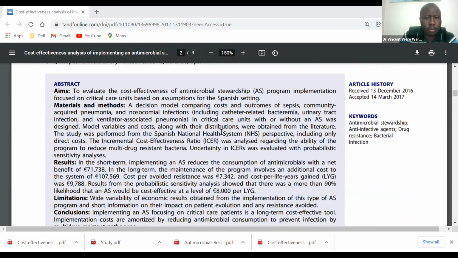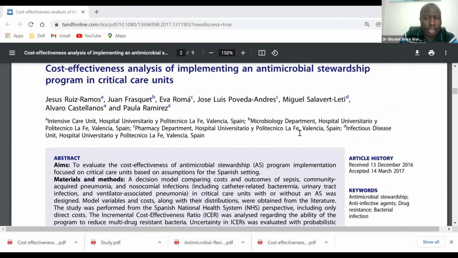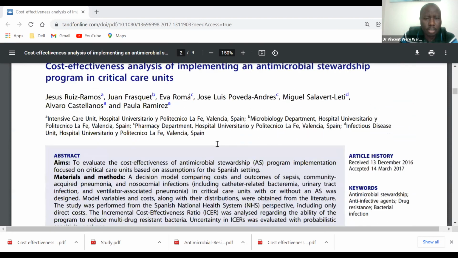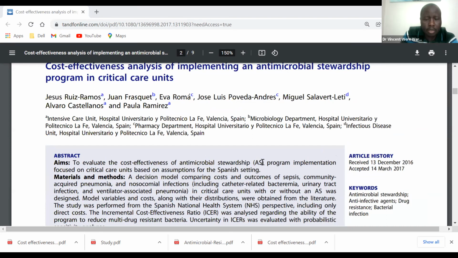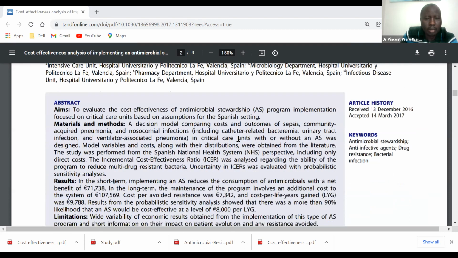So if you look at this study, they have two approaches. They have the antimicrobial stewardship program, which is used on critical care patients, and this is compared with standard practice. The idea is that they cost all the resources required for implementing an AMS program compared to standard practice, and then look at the potential benefits.